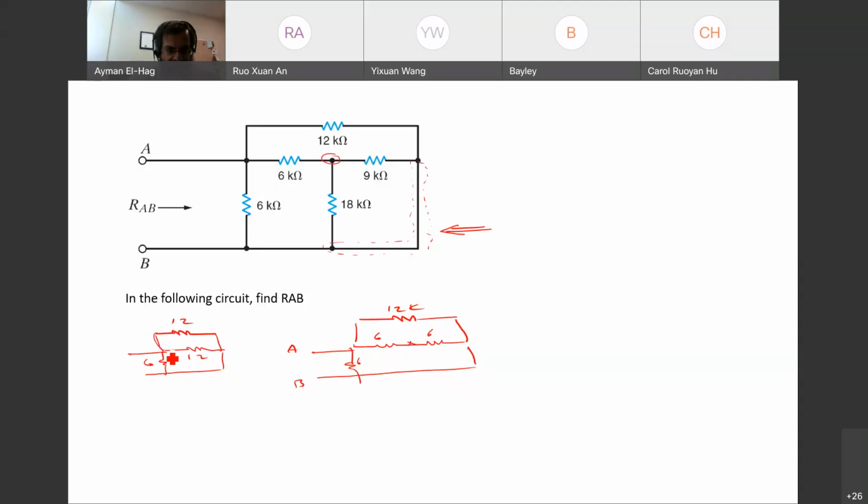They share this node and they share this node. So all of these are in parallel. So you can say that 1 over RAB is equal to 1 over 6 plus 1 over 6 plus, sorry, 1 over 12 plus 1 over 12. Hopefully this is clear.